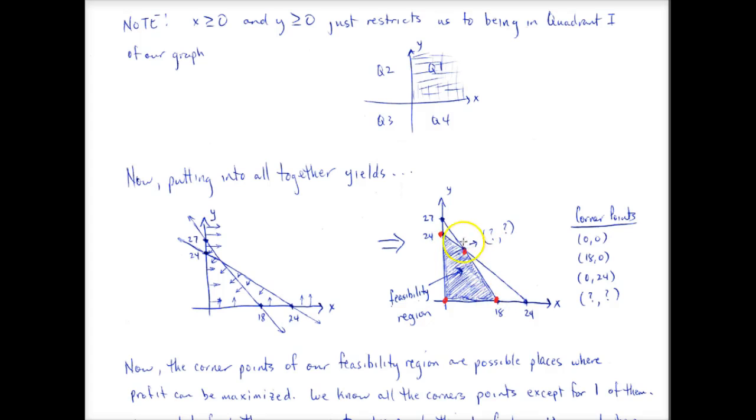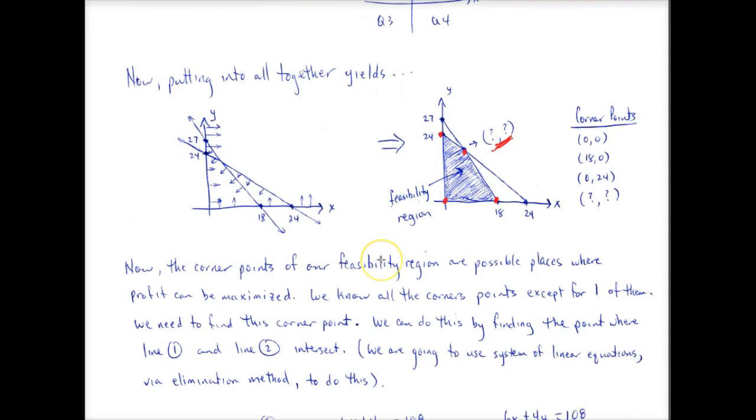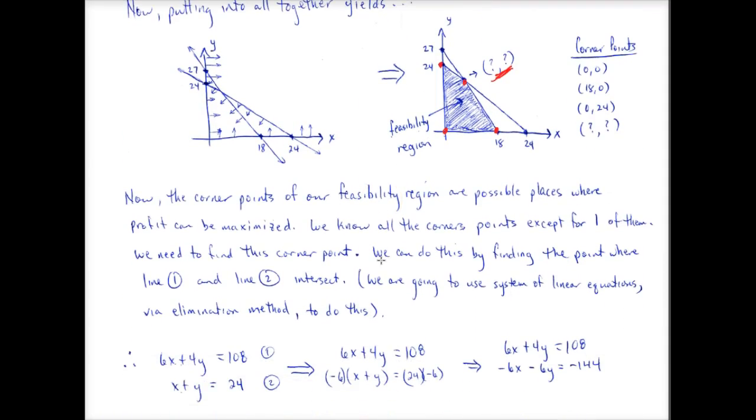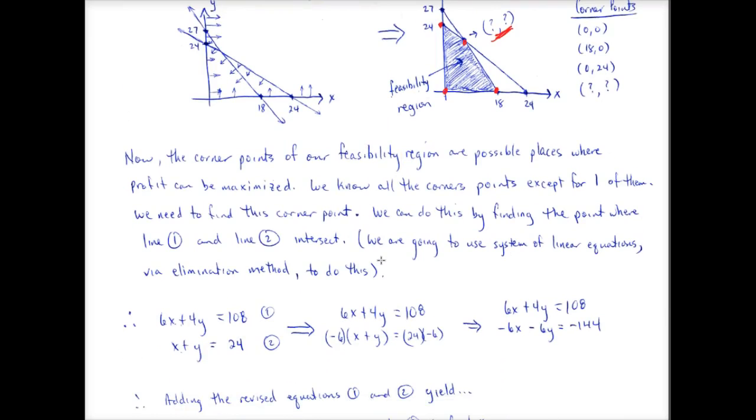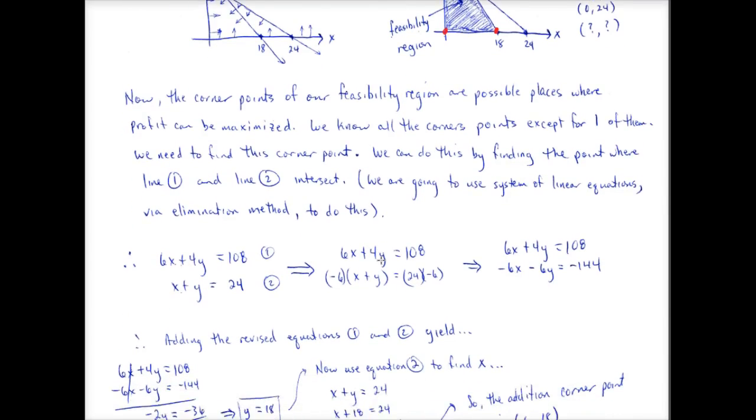And if you notice, we know what all these points are except for this one. And so we need to find that. In order for us to find that, we need to find out where the 2 lines that cross this particular point intersect each other. And so to do that, we would have systems of linear equations here. So I do that down here at the bottom.